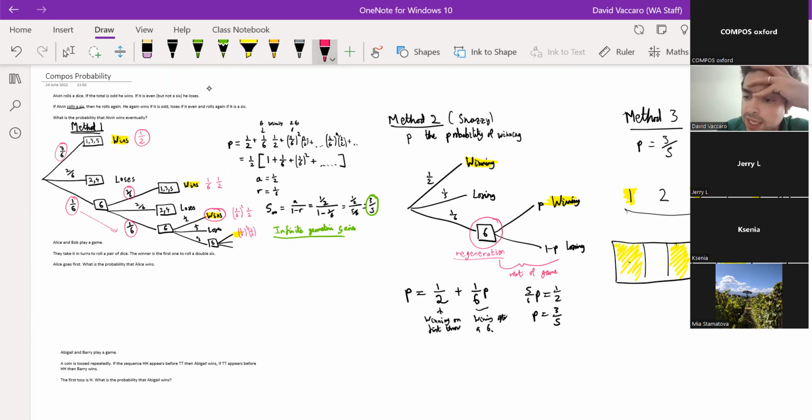Well, if he rolls a 6, on the second roll there's now 1, 2, 3, 4, 5, 6. There are now 6 possibilities of the second roll.